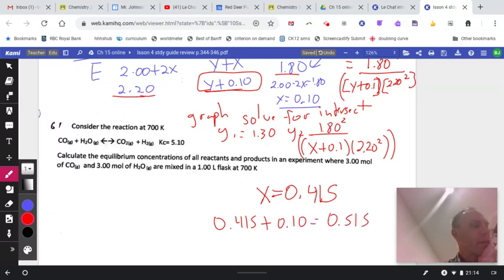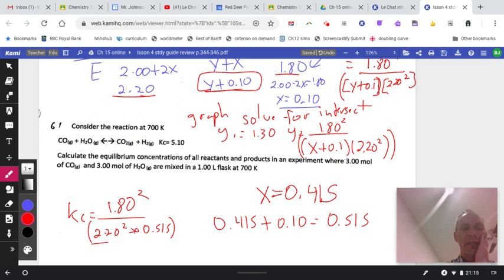0.515. Now, just for fun, if you wanted to see if you did this right, you could go back to our equilibrium constant and you could plug in all the three concentrations. So 1.80 squared over 2.20 squared times 0.515.